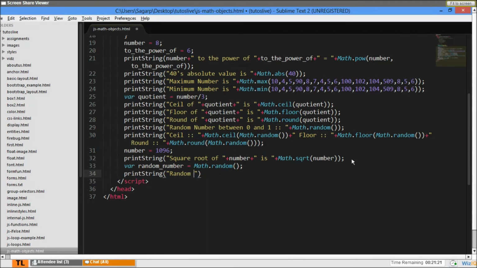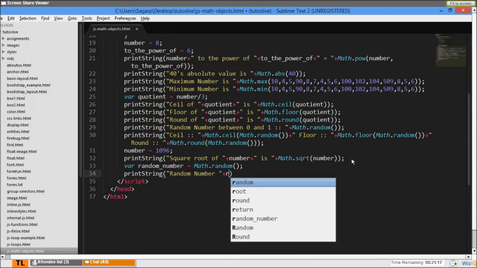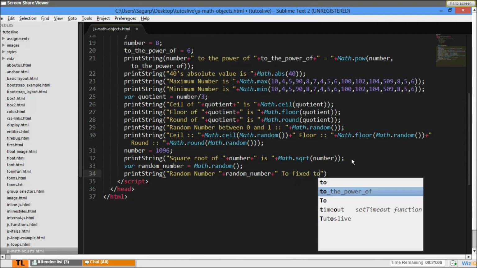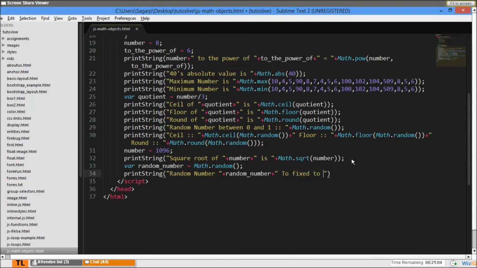I want the whole number. I want toFixed 2. Let's say 2. Here I'll write random number is fixed to 2.